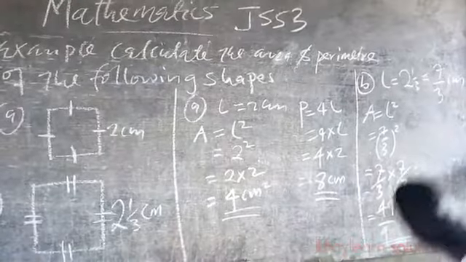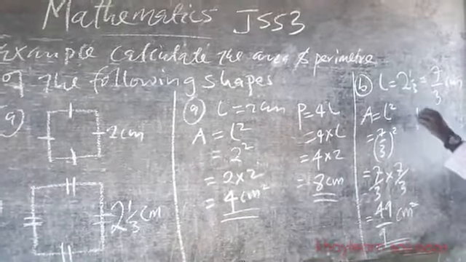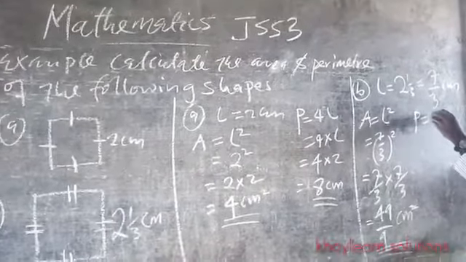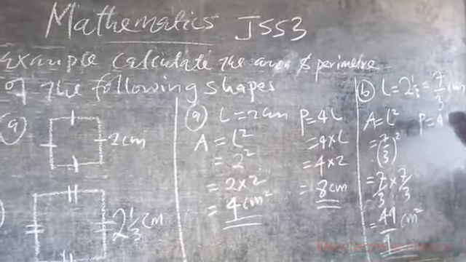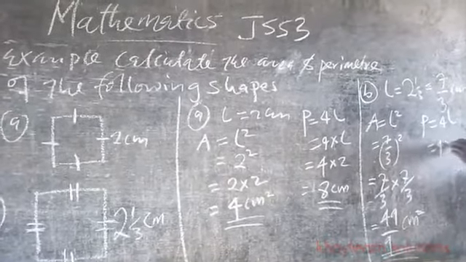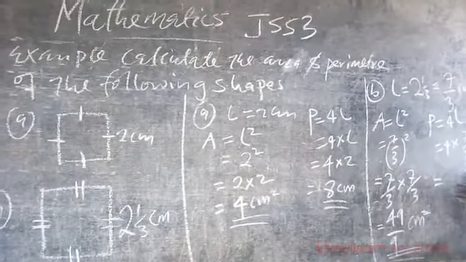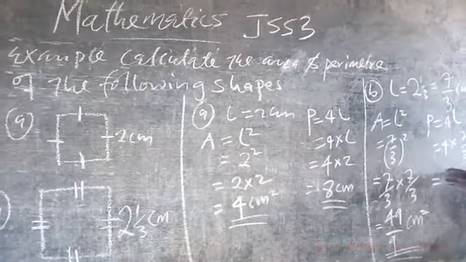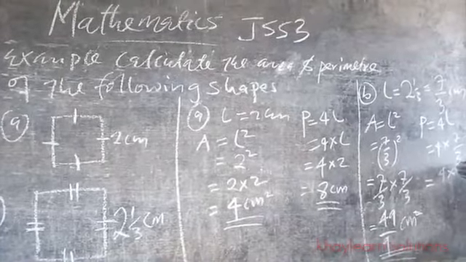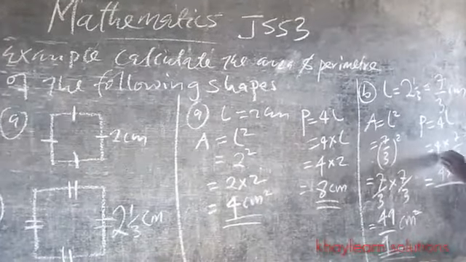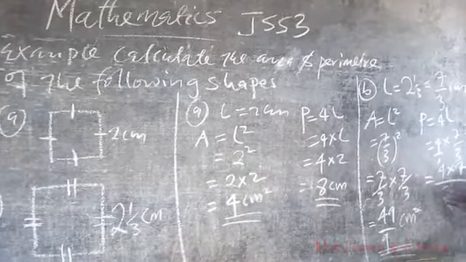While the perimeter is P equals 4L, which gives you 4 times 7/3, and this is equal to 4 times 7 over 1 times 3, which is 3.